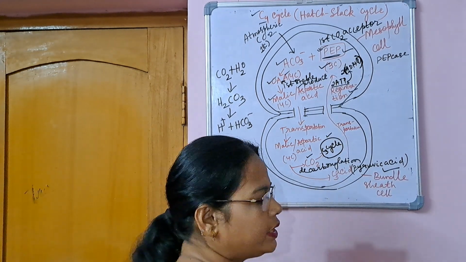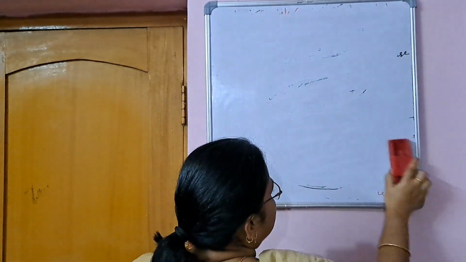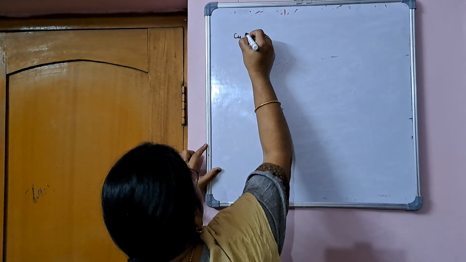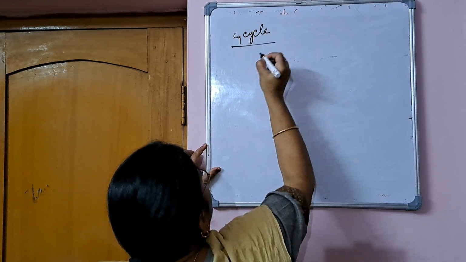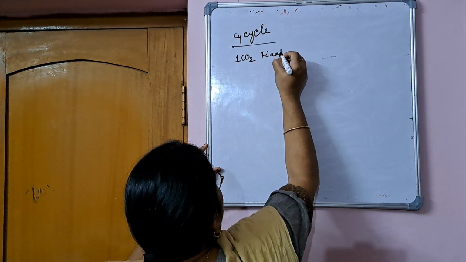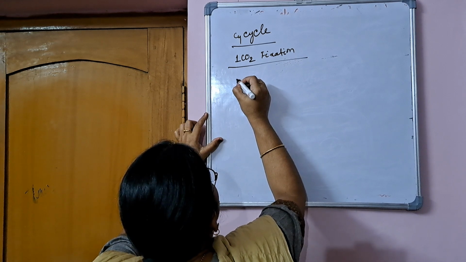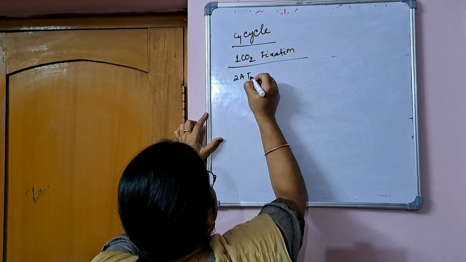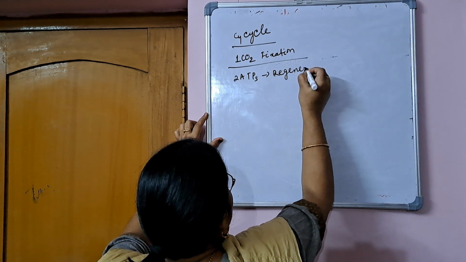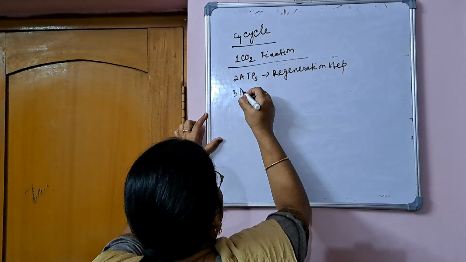Now let us calculate the energy used in this process, the C4 cycle. Now here in the C4 cycle, for 1 CO2 fixation, two ATPs in the regeneration stage, then 3 ATPs.